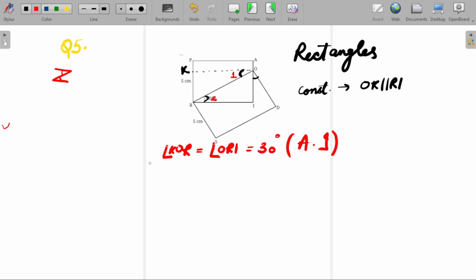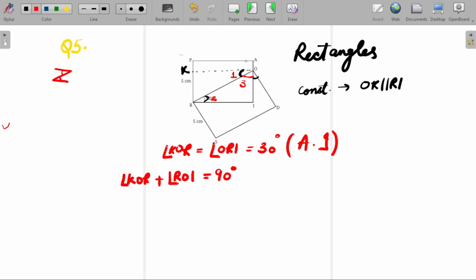Okay, and KOR and ROI, this is angle 3. That means angle 1 and 3, angle KOR plus angle ROI, they both add up to 90 degrees.